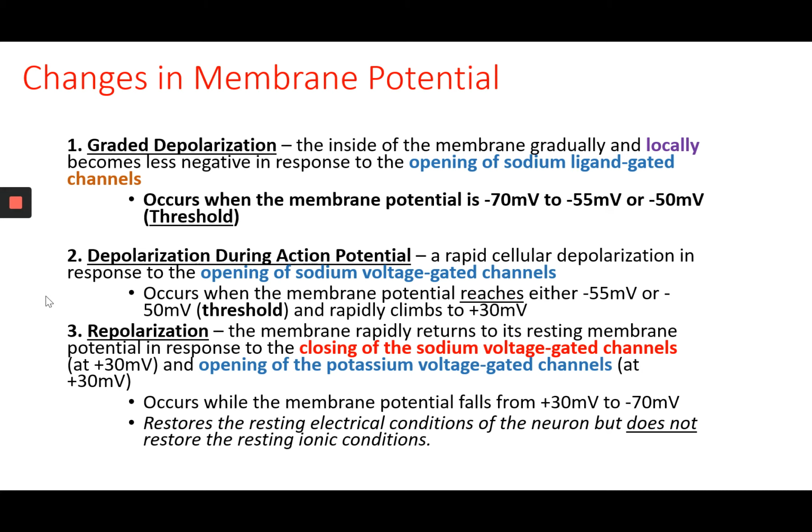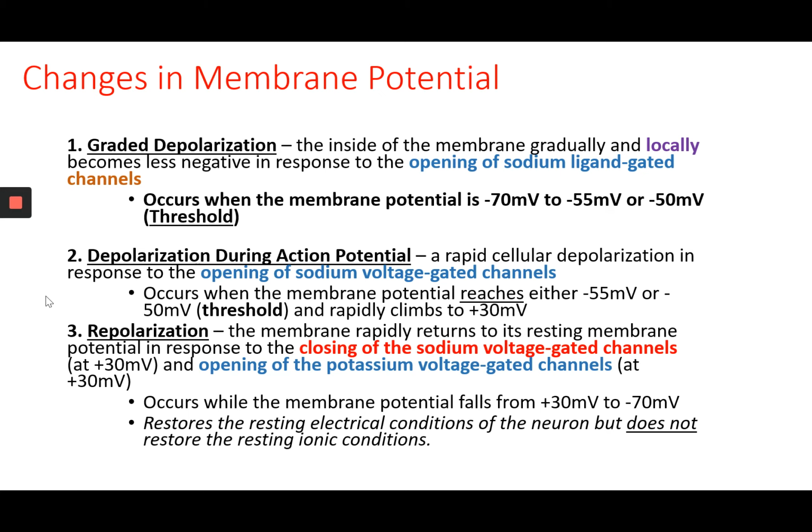So step 1 in generating an action potential, or trying to generate an action potential, is to start with a graded depolarization. So a graded potential is required to create an action potential. A graded depolarization uses ligand-gated sodium channels, and when a neurotransmitter binds to these ligand-gated sodium channels, they open and allow an influx of sodium.